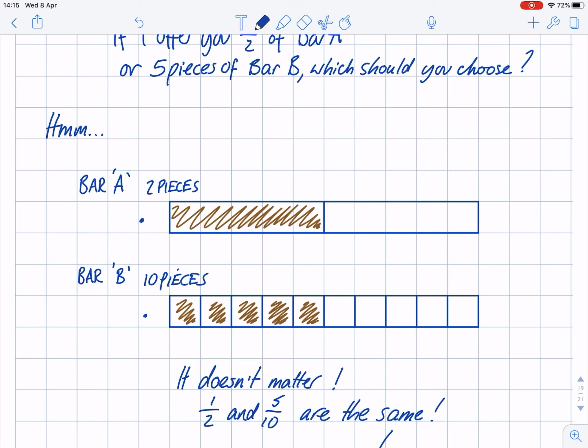So what you should have identified is if I write them by here, a half, and then I write 5/10 here. Well, what's half of 2? It's 1. And what's half of 10? It's 5. Okay, so when the top number, the numerator, is exactly half of the bottom number, the denominator, we can simplify that fraction and we can take it down to a half.